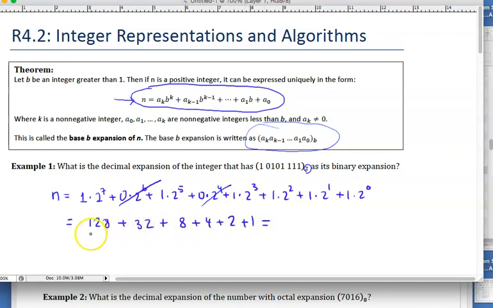All of these small ones give me 15, and the larger ones give me 160, so added together I get 175. That's the base 10 version of this binary expansion. Cool.